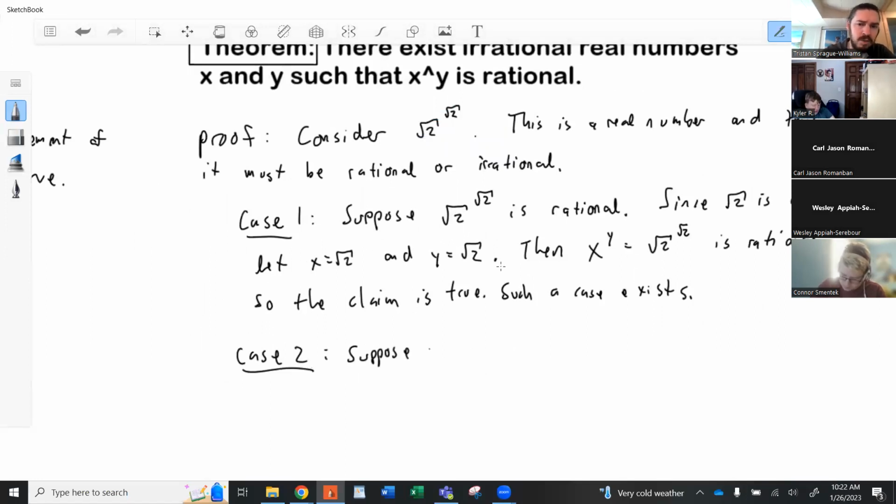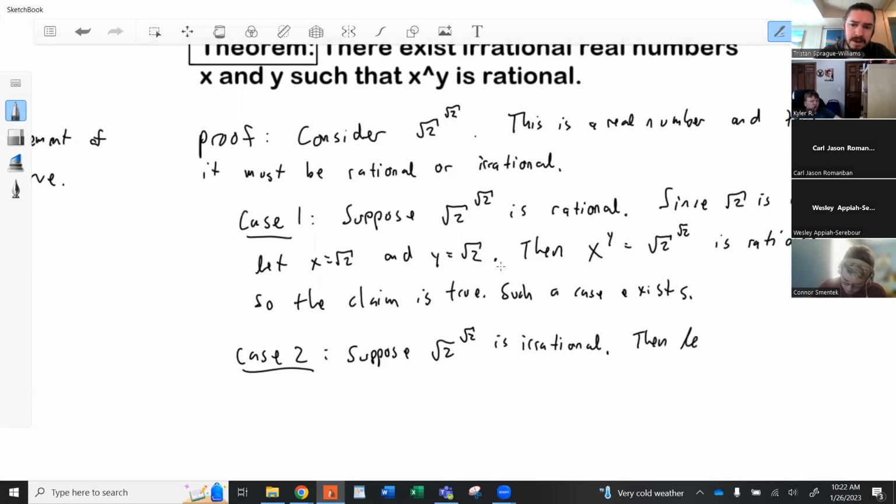Suppose that square root of 2 to the power square root of 2 is irrational. Okay, in this case, we're going to find an example again. We're going to prove the existence by example again, but we're going to choose a different example.